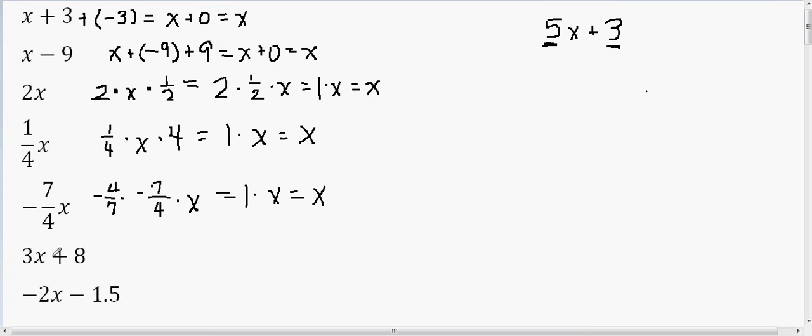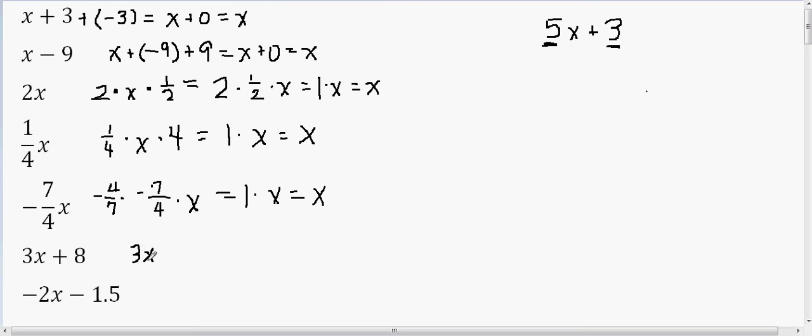Next, we have two numbers in the expression, 3x plus 8. So let's go ahead and try to get rid of 8 first, since when we carry out this calculation, we would multiply x by 3 first, then add 8. So we need to undo this in order. To get rid of the 8, we'll add the additive inverse of 8 to the expression.